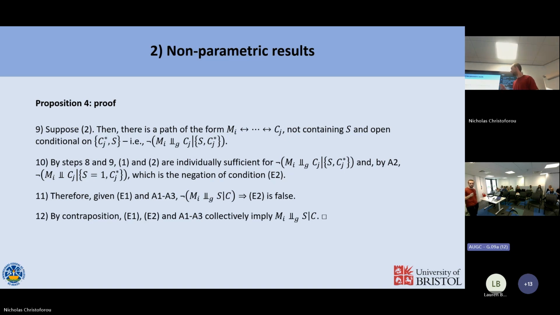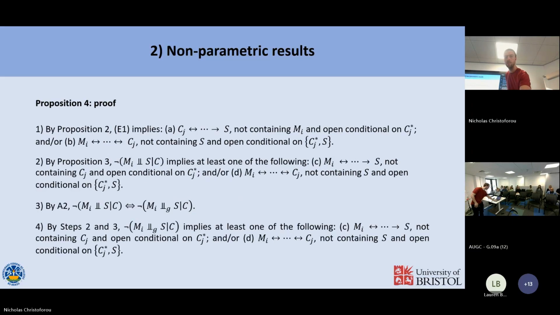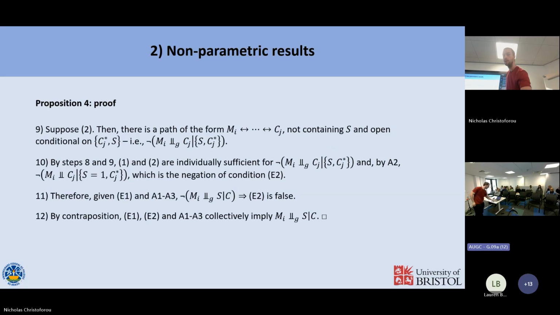So the conclusion here is that if we assume E1 and we assume that M sub y and S are dependent conditional on C, which we assumed and got the partition that we explored, plus the 3 assumptions that we have been using all the time, then we know that E2 is false.